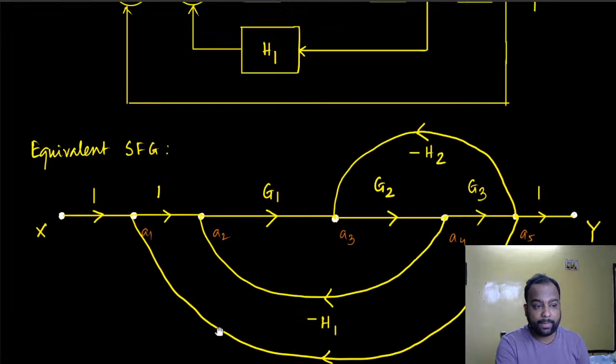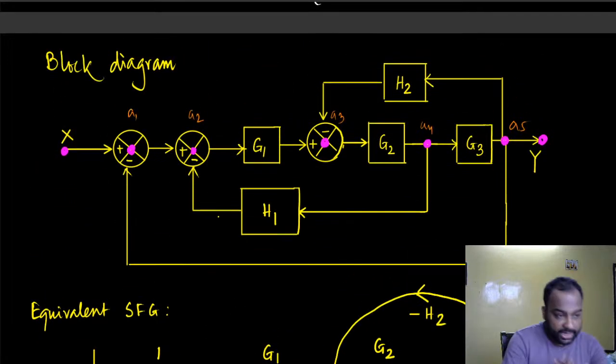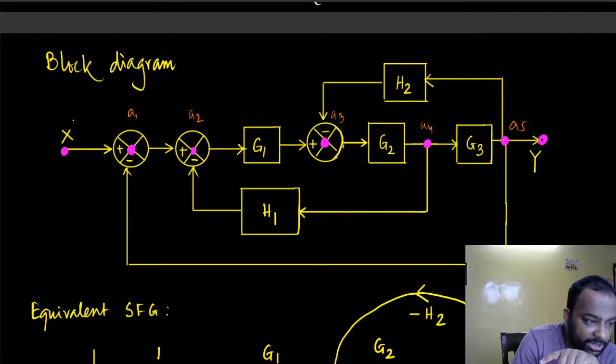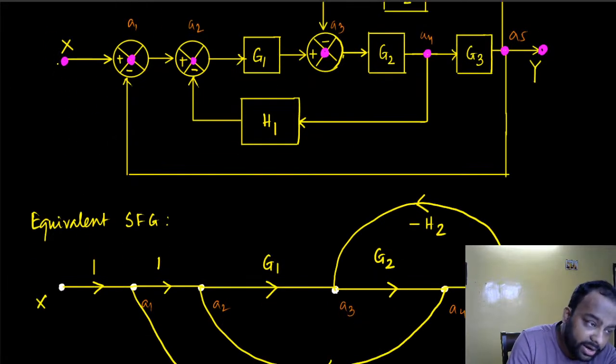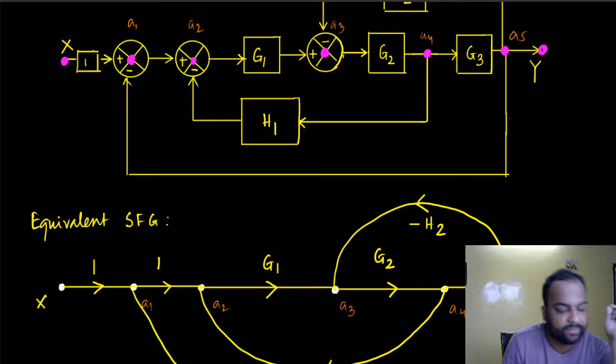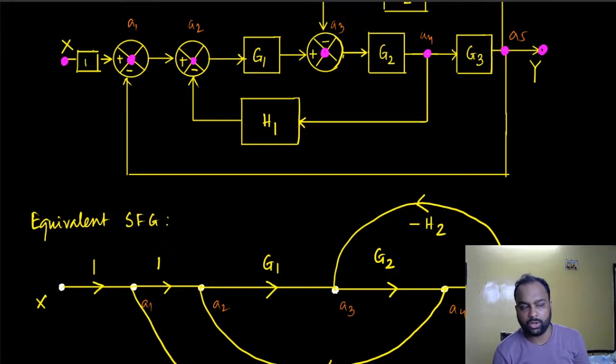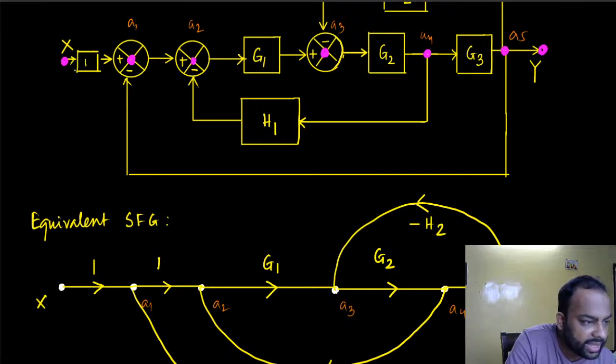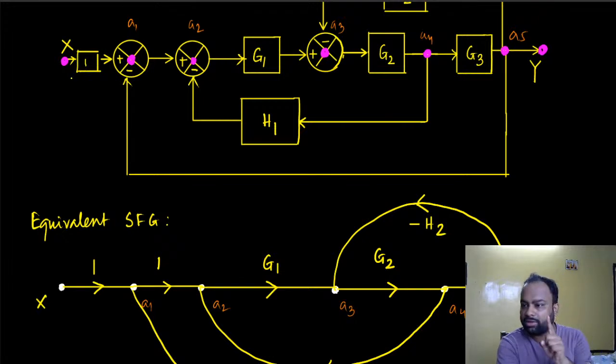Someone is asking why I am considering 1 everywhere. I think I answered this question. I am considering 1 between node X and node A1, simply not because of convention, but because we can happily construct a small transfer function block here and write 1 here. Would it affect our discussion? No, because if this signal reaches this one unaltered, I can consider that this signal gets multiplied with a transfer function which is 1 and then gets fed to this one.